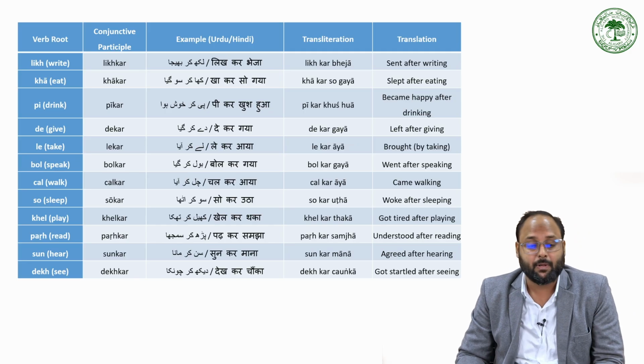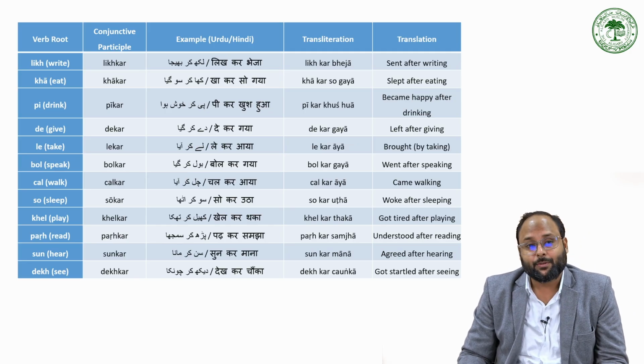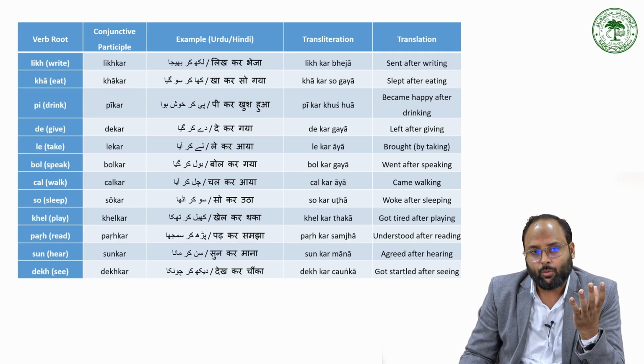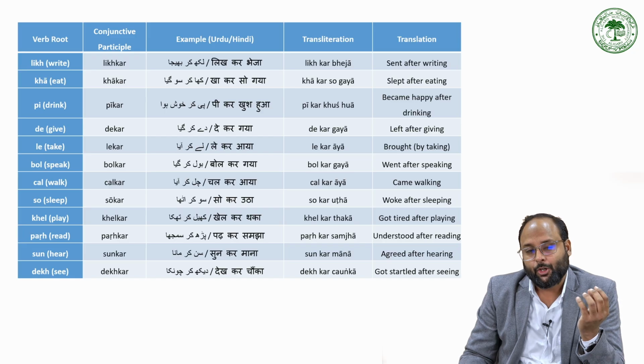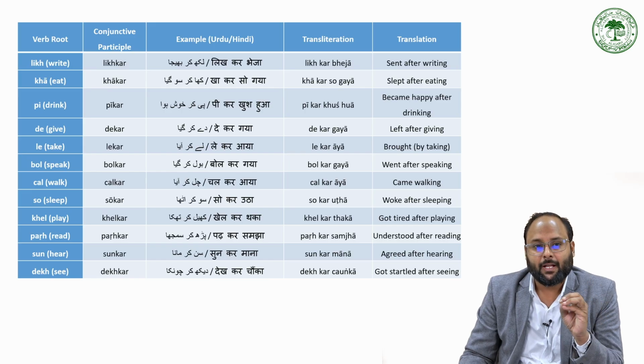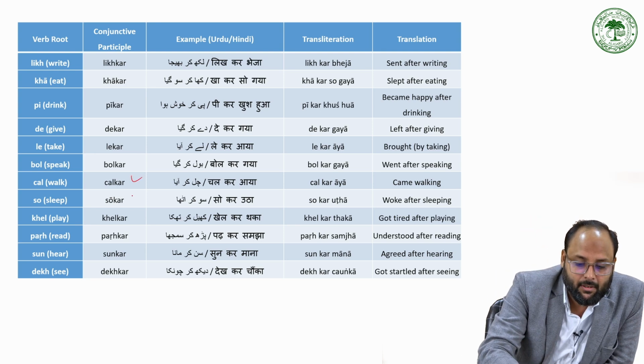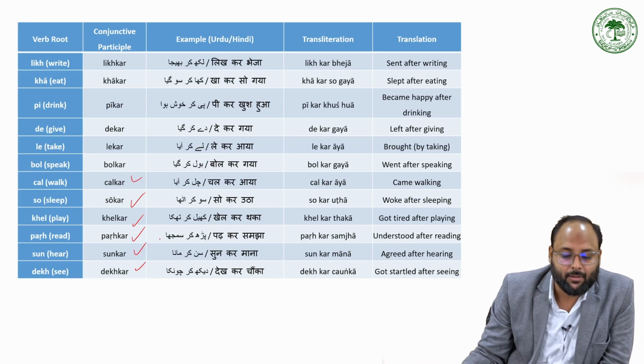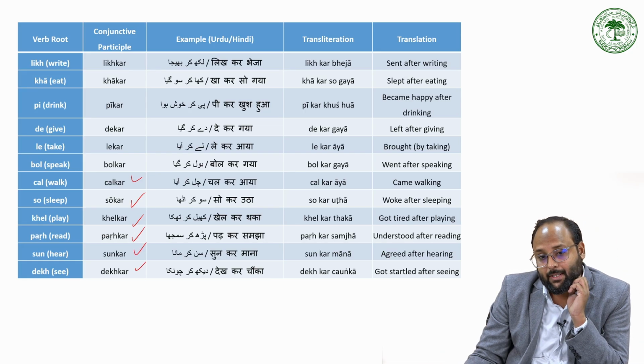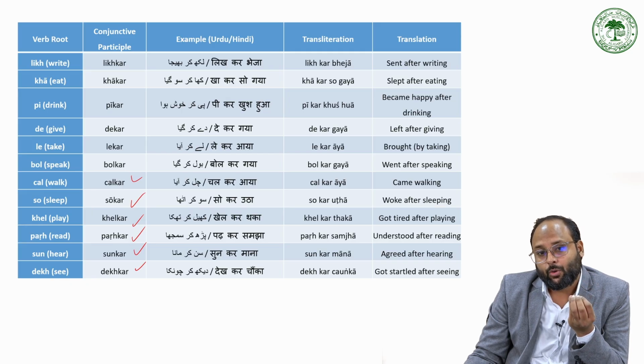To the verb root we are just adding kar. Like in likh, we add kar: likh kar bheja. खाकर, पीकर, देकर, लेकर, बोलकर, चलकर, सोकर, खेलकर, पढ़कर, सुनकर, देखकर. So this kind of construction actually adds two actions.